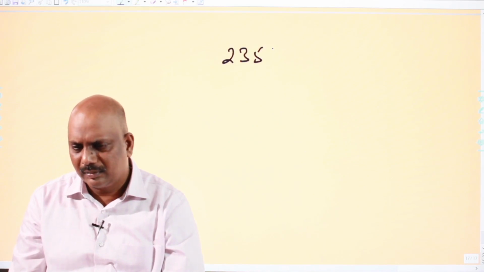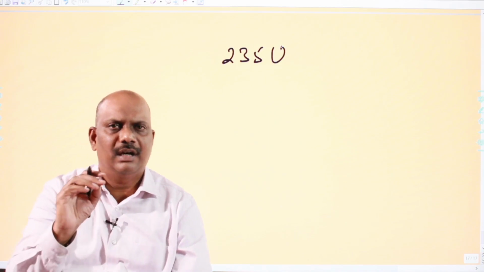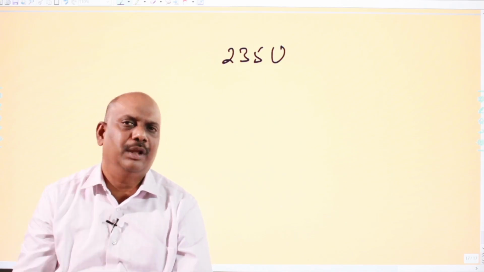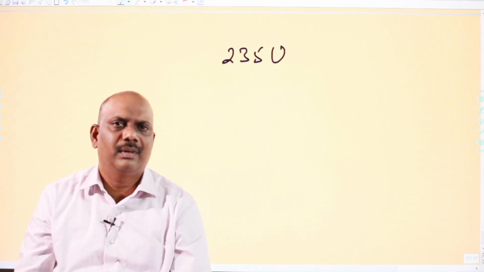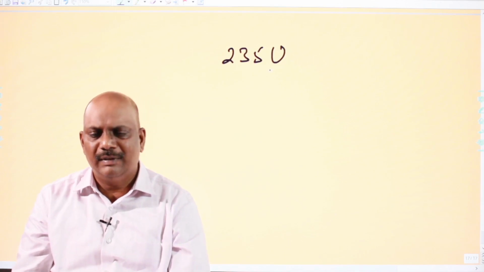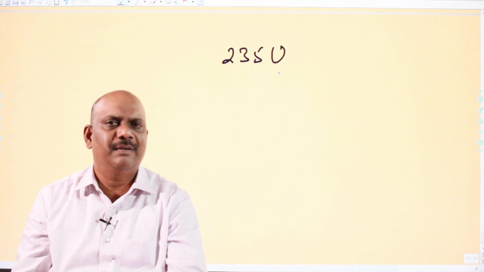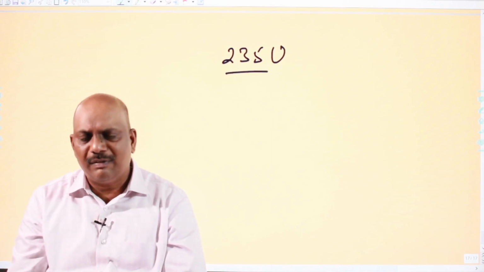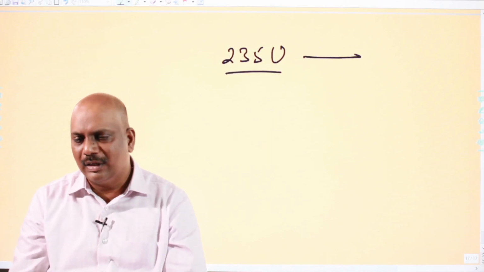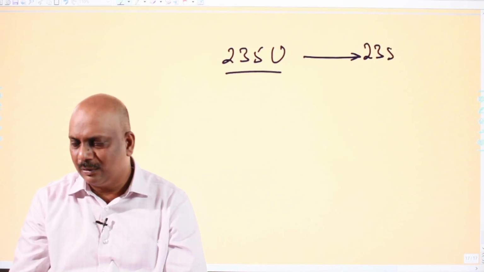Running water contains uranium but not thorium. So if this water, or the uranium from the water, gets trapped somewhere, this 235 uranium slowly decays into 235 thorium.